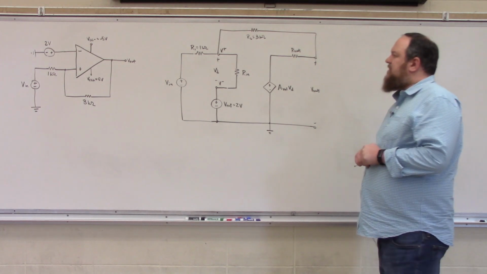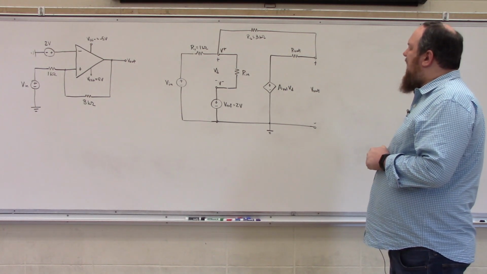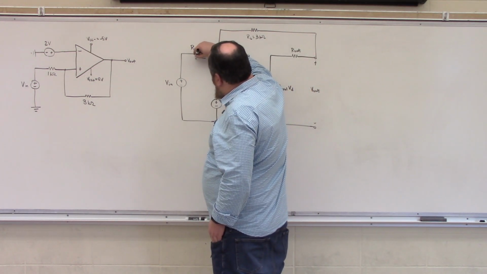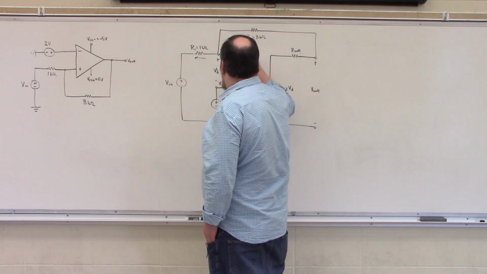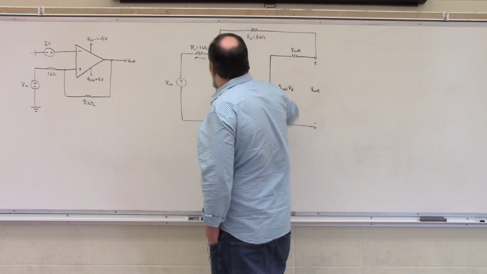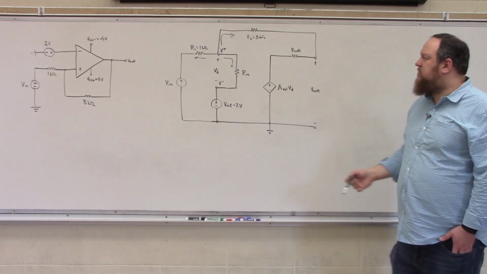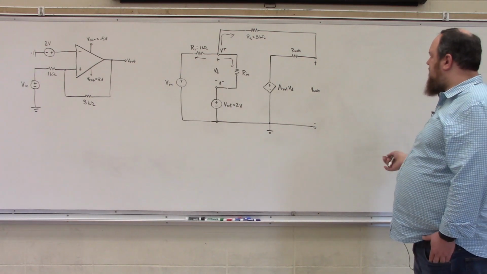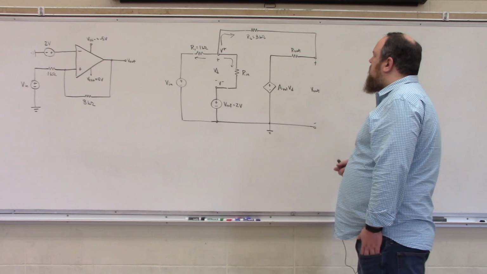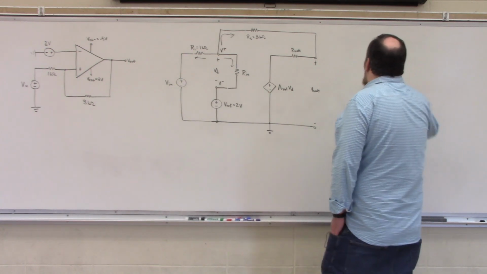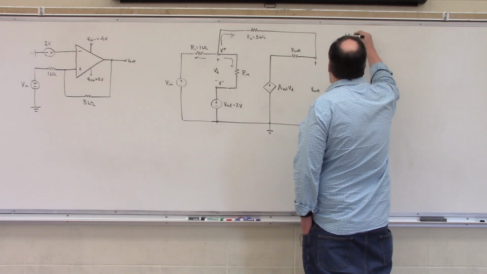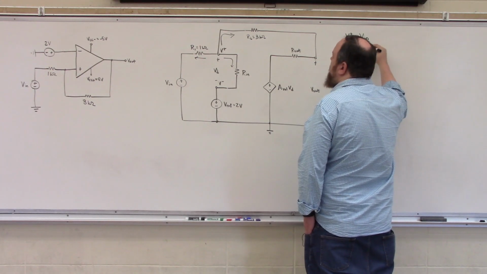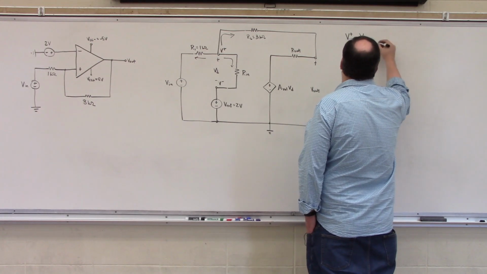Now what I'm going to do is apply Kirchhoff's current law at the non-inverting terminal. So I'm going to take this current, and this current, add them together and set them equal to 0, because the law of conservation of charge must be maintained, even in an op-amp circuit. So let's start with our current directed to the left. That's going to be given by V plus minus Vn divided by R1.